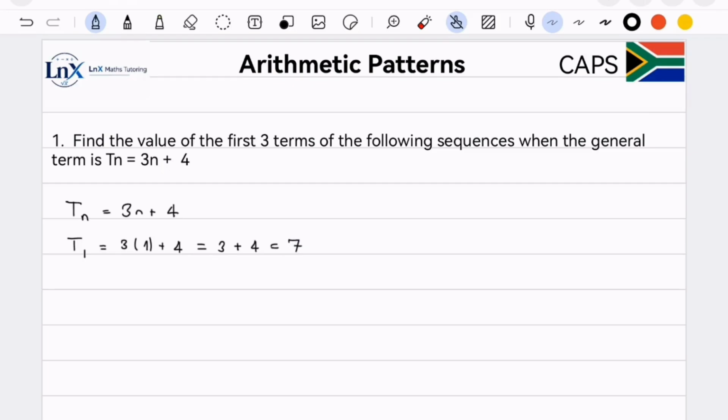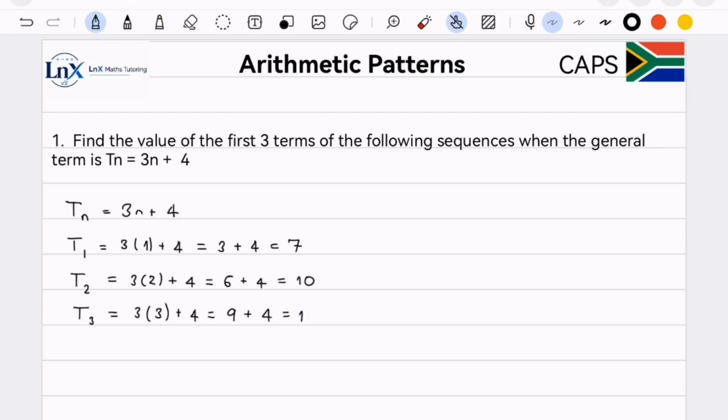And then we're gonna do the second term, which is T2, which would be 3 times 2 plus 4. 3 times 2 will give us 6 plus 4. Then this would give us 10. Then our third term would be 3 times 3 plus 4. 3 times 3 is going to give us 9 plus 4.